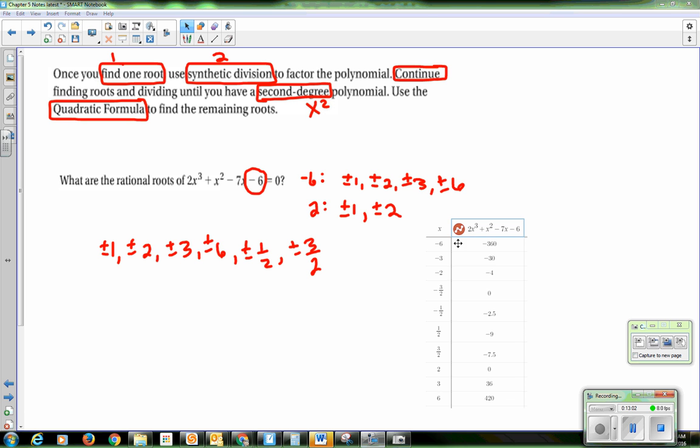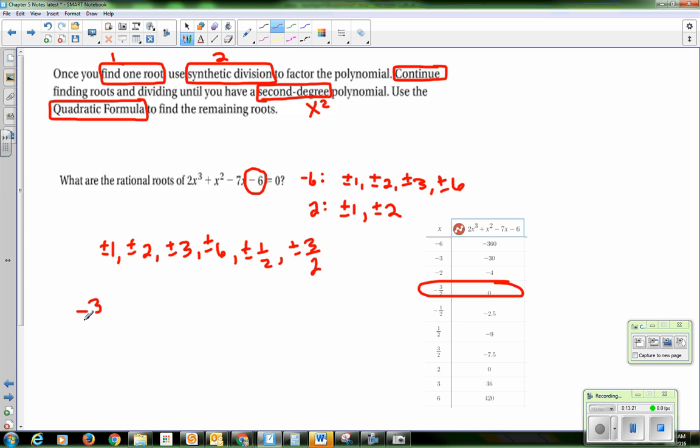All right, so when we put that in Desmos and we test each of these roots, we find that -3/2 is our 0.